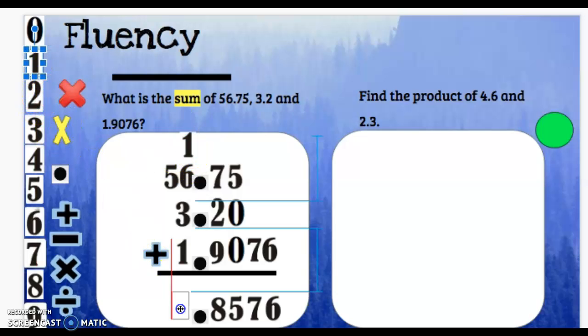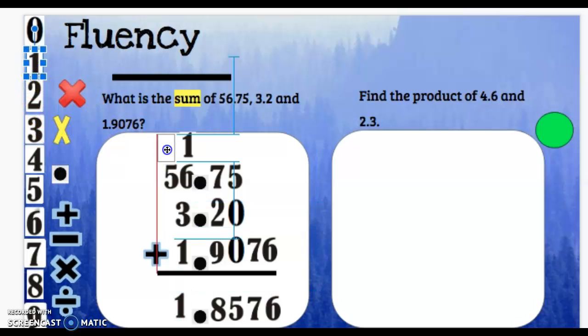So I put my 1, staying in line, and then bring up my 1. Then you have 5 plus 1 is 6. So your answer is 61.8576.